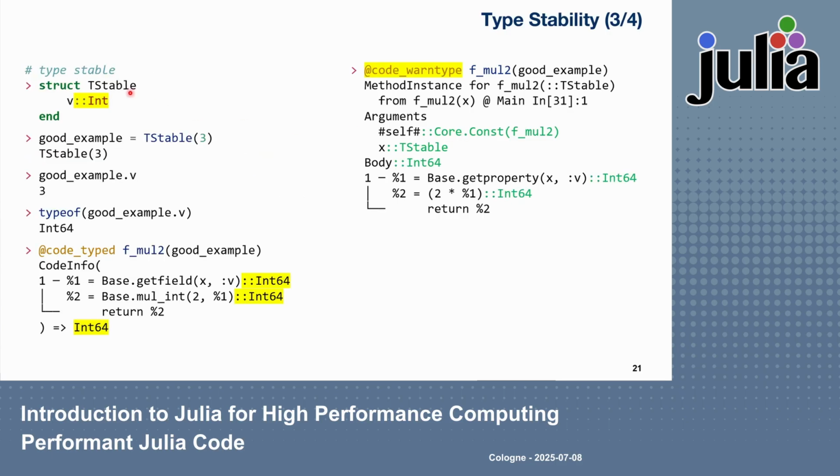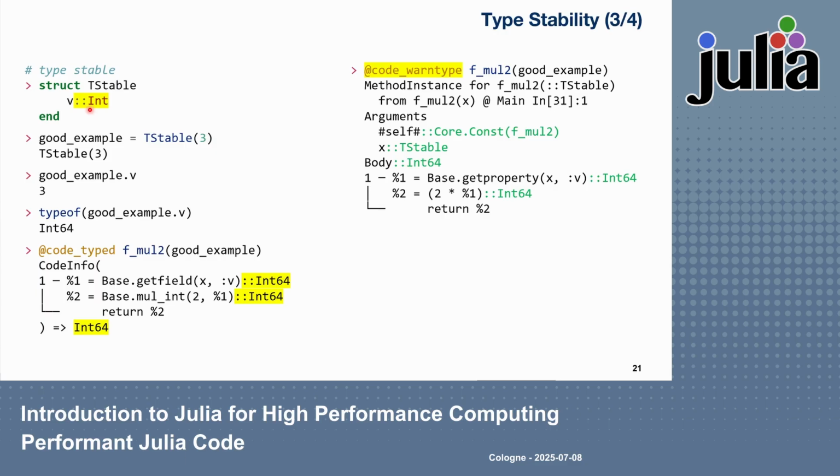Okay, to fix the problem, we need the so-called type stable statement for this structure. To make it type stable, just put double colon Int after this variable name. And then the compiler has the knowledge: okay, now this variable inside this structure is an integer.